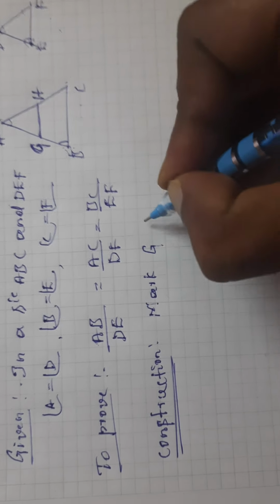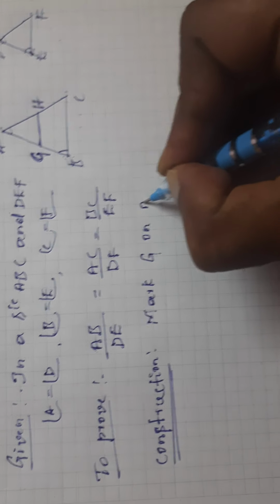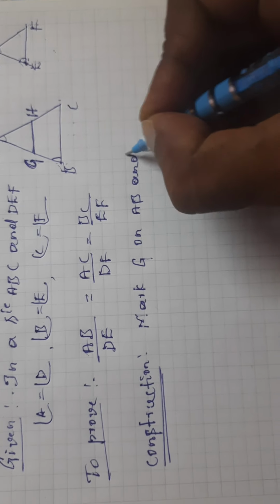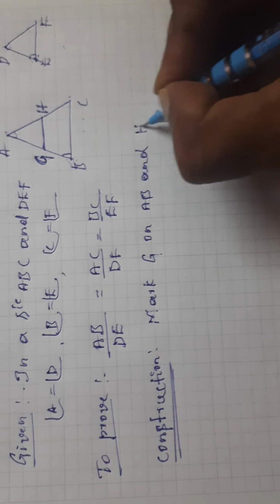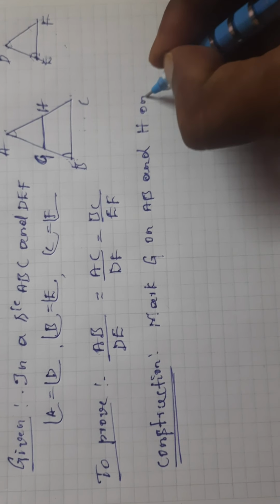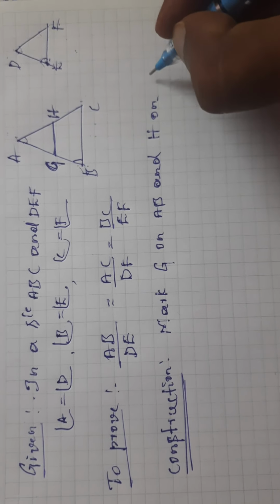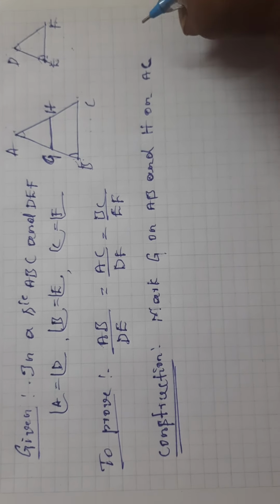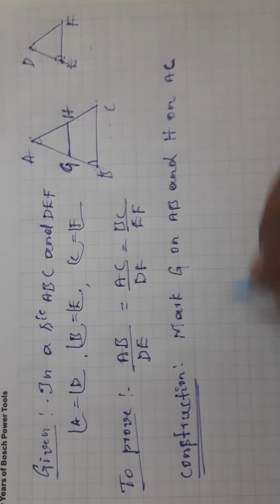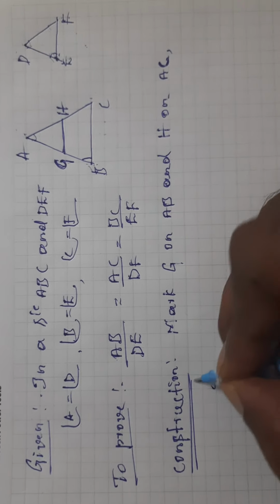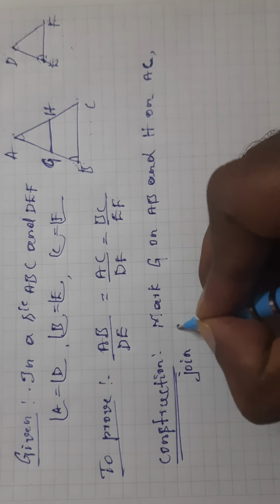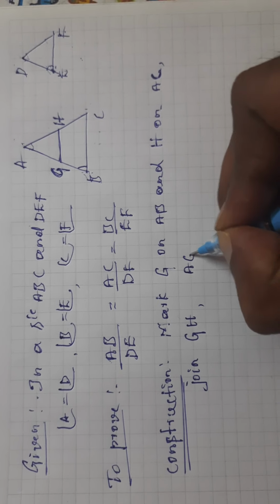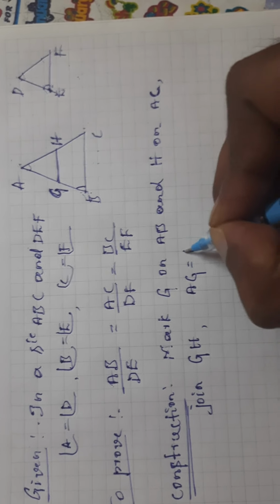Then join GH, such that AG is equal to DE.